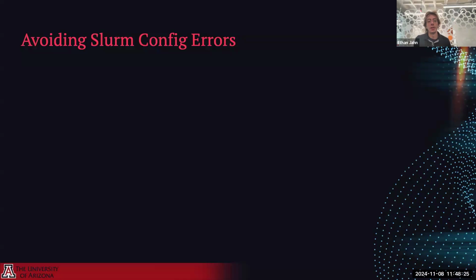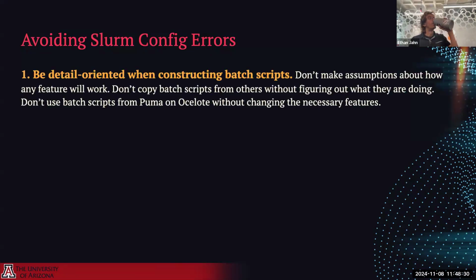So how do we avoid Slurm configuration errors? Be detail-oriented when constructing your batch scripts. Don't make assumptions about how any feature will work. Make sure to actually double check with our documentation or with the Slurm documentation about how those features work rather than just guessing.